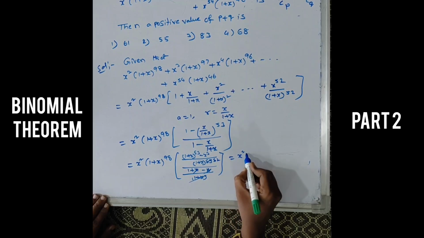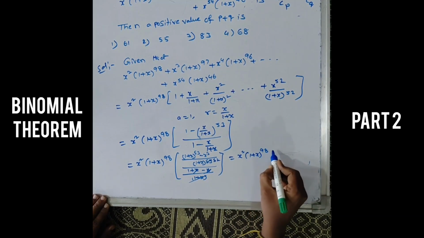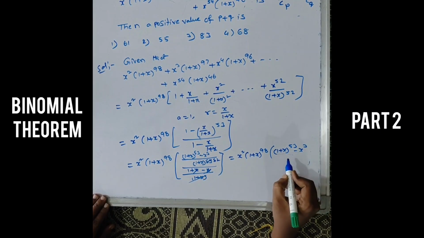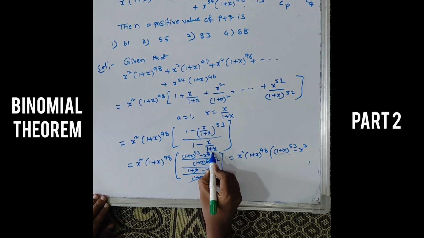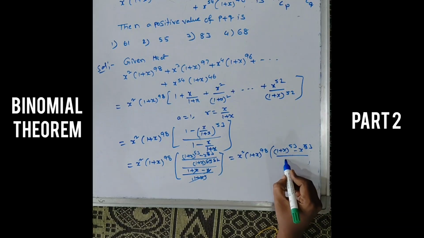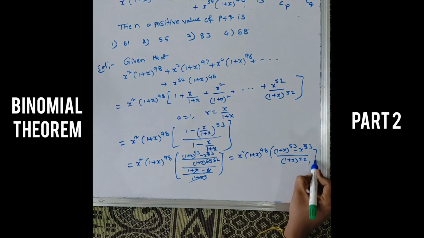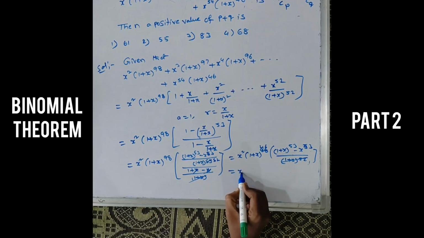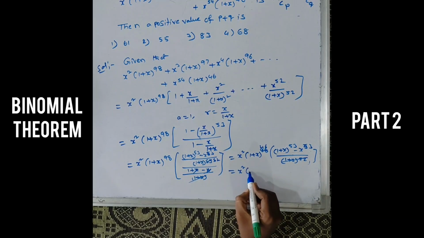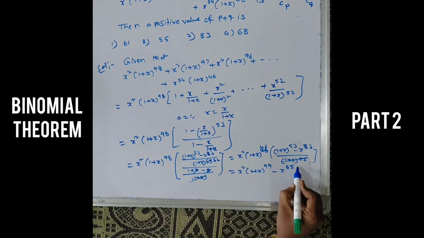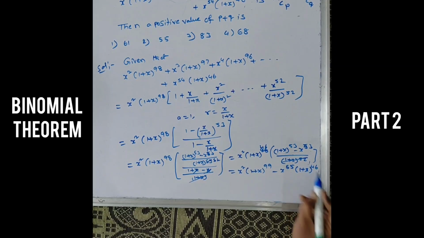That is equal to x^2(1+x)^98 into ((1+x)^53 minus x^53) by (1+x)^52. This cancels, leaving 46. So x^2 into (1+x)^99, since 46 plus 53 is 99, minus x^2 into x^53, which is x^55, into (1+x)^46.